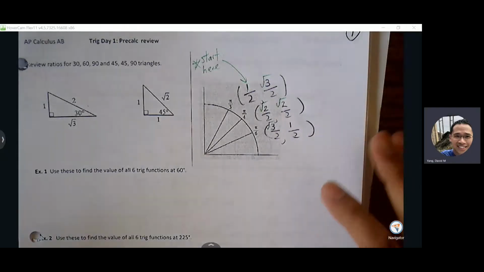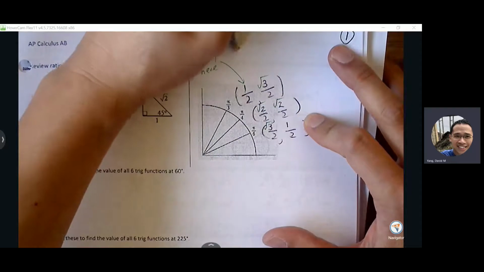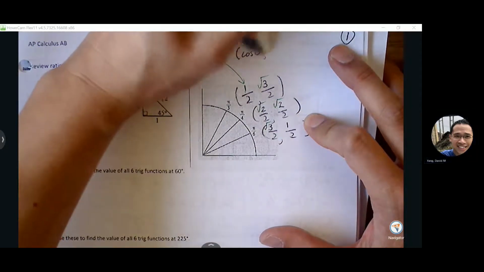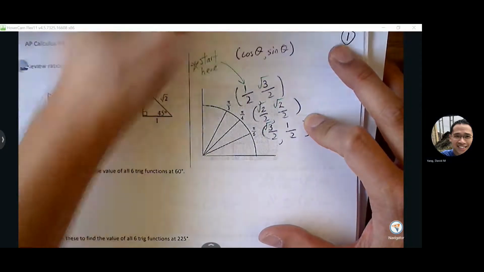All the ordered pairs are going to be cosine being the x and sine being the y.